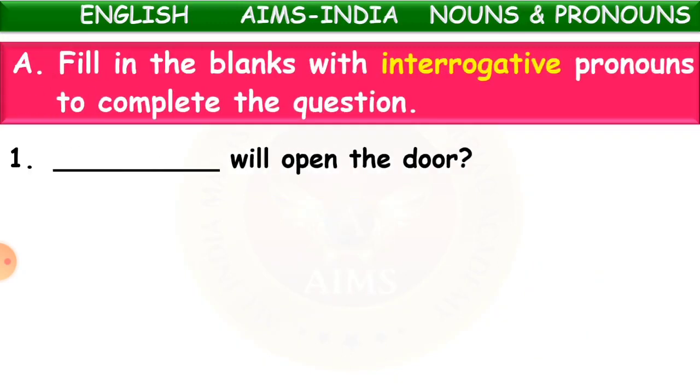And now here we'll do an exercise about interrogative pronouns. Fill in the blanks with interrogative pronouns to complete the question. So what are interrogative pronouns, children? Five WH question words. What are they?